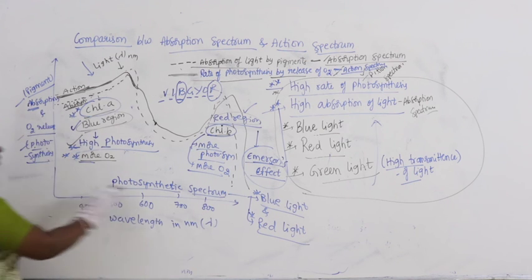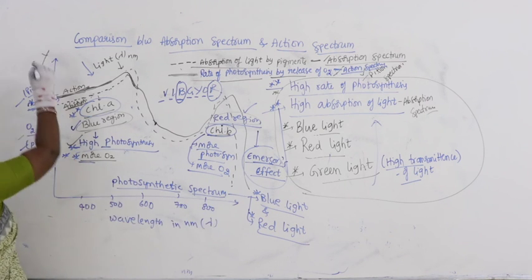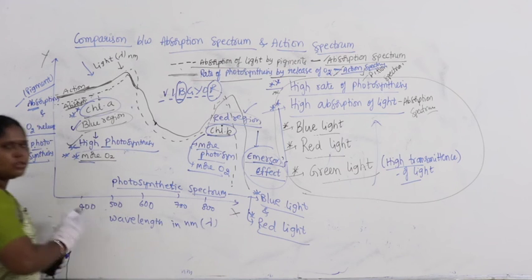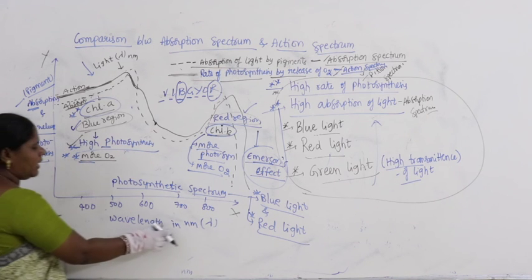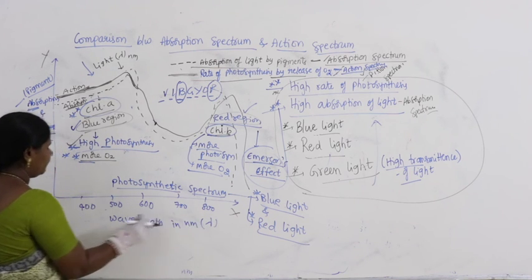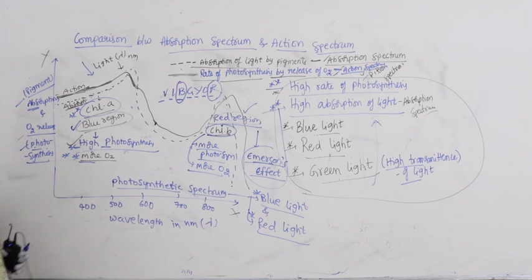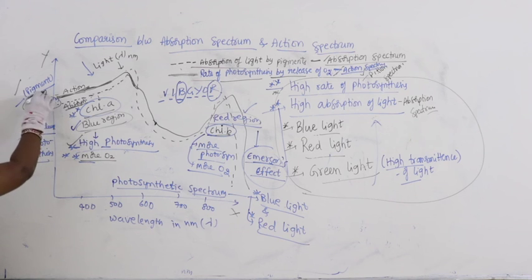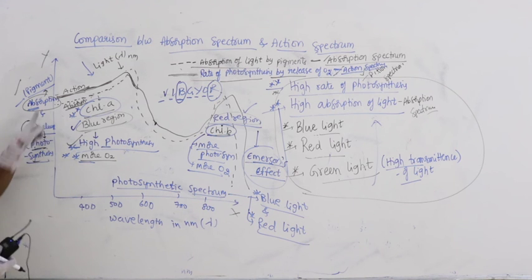As usual we take two axes, x axis and y axis. The x axis in all the graphs is wavelength in nanometers, the different wavelengths of light. On the y axis we compare both absorption of light by pigments and how much oxygen is produced in photosynthesis. Two graphs are compared here.